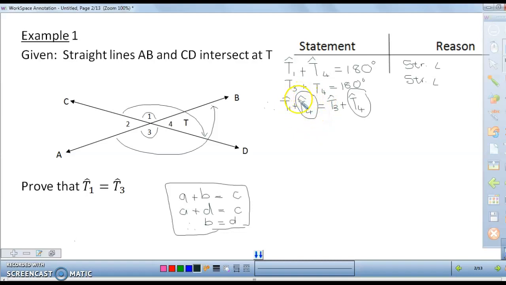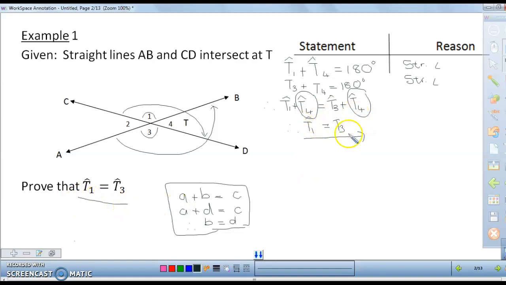So the logic that follows means that angle T1 must therefore be equal to T3, because that is exactly what I had to prove.